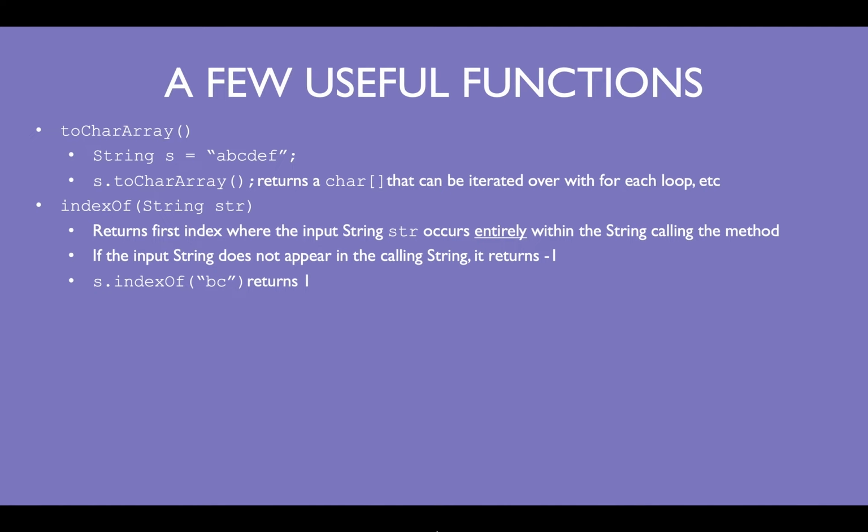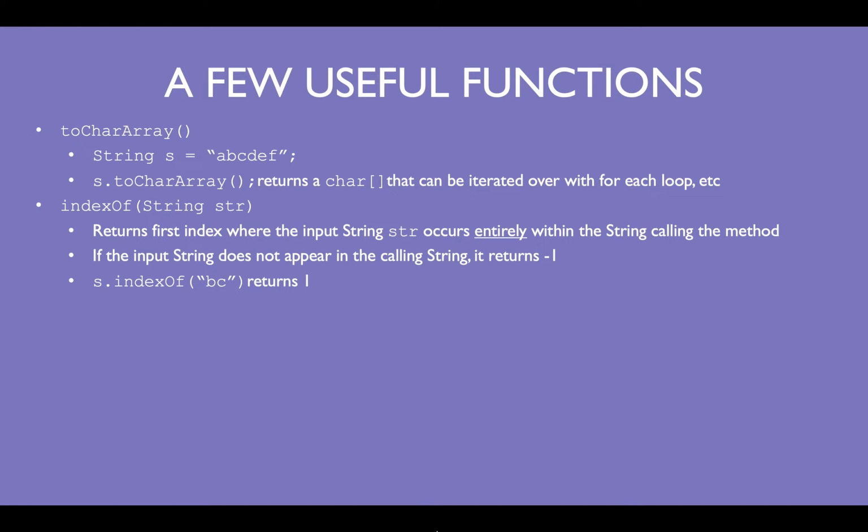Because in abcdef, bc appears starting at the very second letter, which is going to be index 1. But if we were to, let's say, call s.indexOf a string like z, for example, z does not appear at all within abcdef, and it'll return -1.